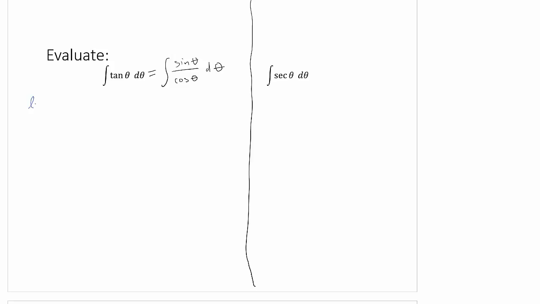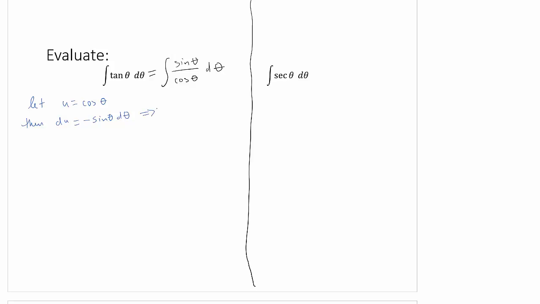Let u equal cosine theta, then du would equal negative sine theta d theta. Notice I have a sine theta d theta, so it's going to work out nicely.